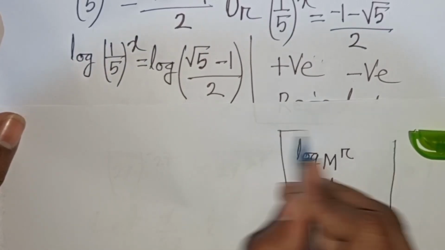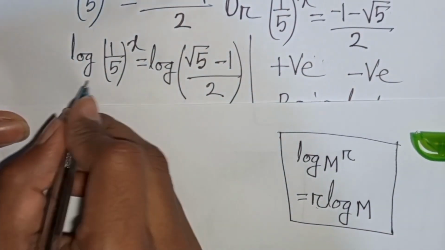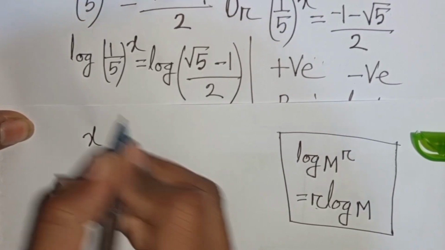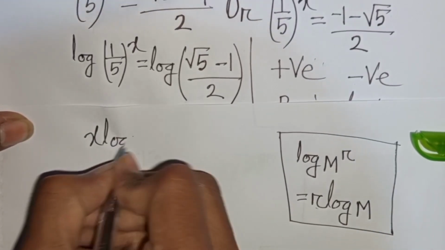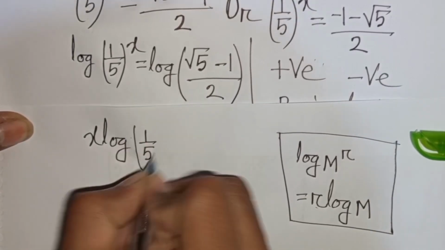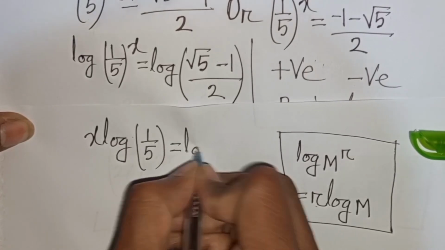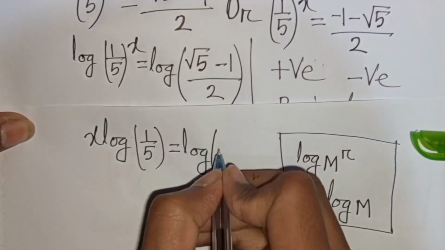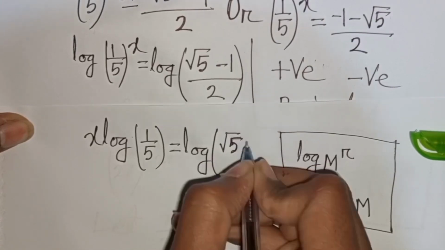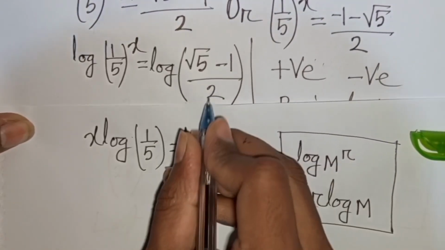That means this power r moves to the front. According to this rule, this power x will move to the front, so you can write x log (1 by 5) is equal to log of (square root of 5 minus 1) over 2.